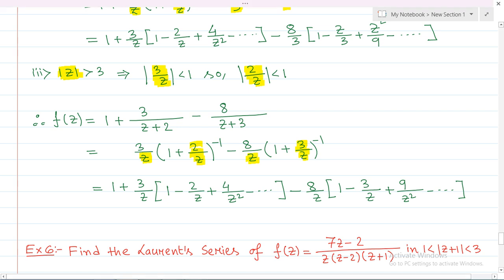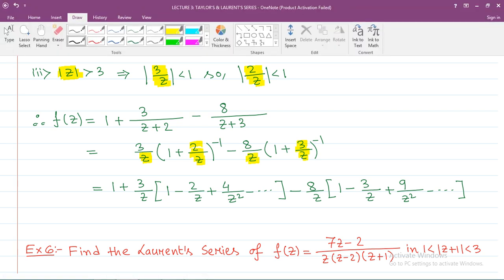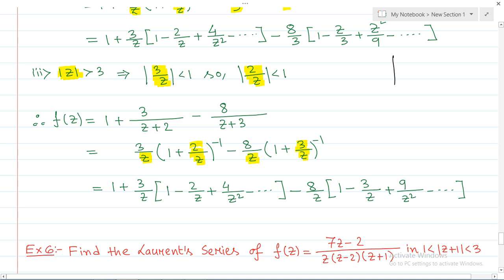Now how to understand it? Let me just give you one hint to remember this concept. It will be helpful. Suppose we are having the real axis along with the imaginary axis. Let me draw the circle centered at 0, because everything we are doing is mod z less than 1, this type of thing.